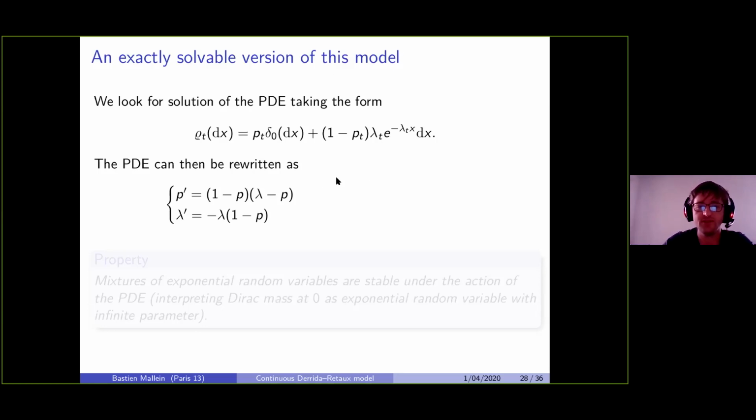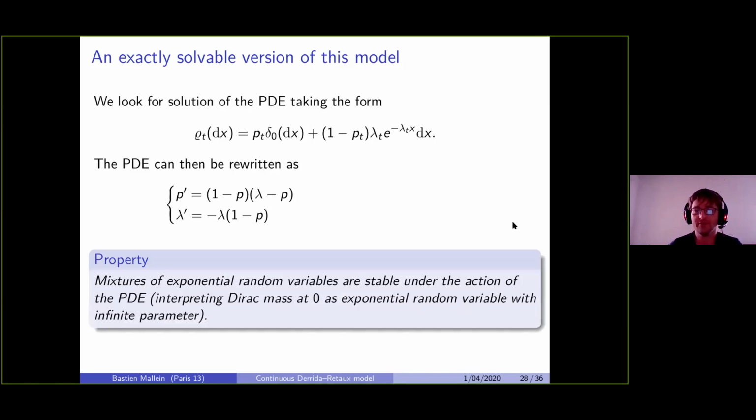So p prime is equal to (1 minus p) times (lambda minus p), and lambda prime is equal to minus lambda times (1 minus p). Note that if we were to use the original equation proposed by the physicists, we would have had p prime equal to minus p times (1 minus p). So the difference between the two is this lambda times (1 minus p).